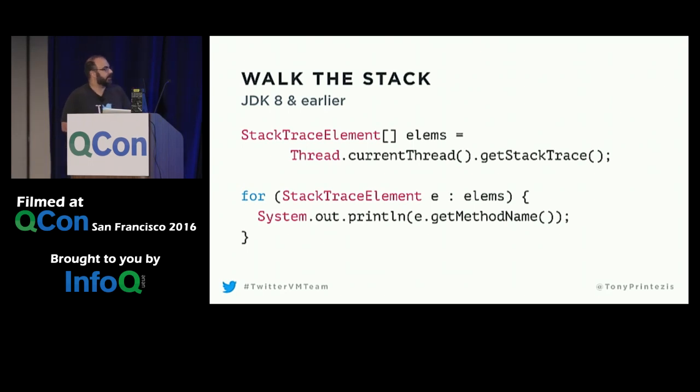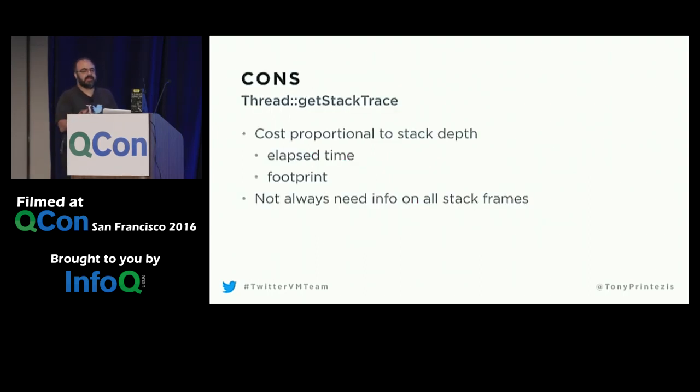In this case, I just iterate over the elements and print the method name that corresponds to each stack frame. The disadvantage of this is that the cost is proportional to the stack depth. So the deeper your stack, let's say you're 600, 700 methods deep, it could take a reasonable amount of time to construct all those StackTraceElements and add them to the array. And the footprint is also proportional as well.